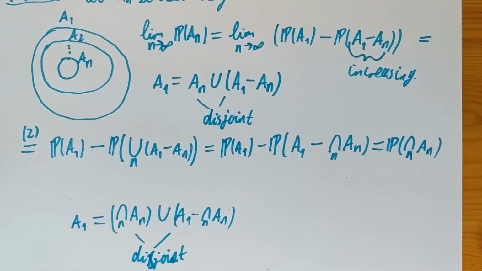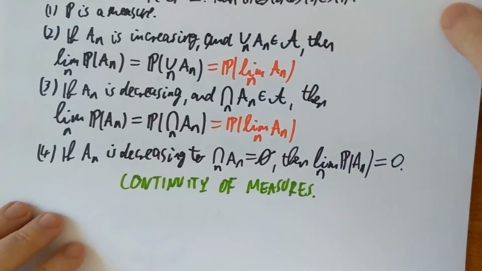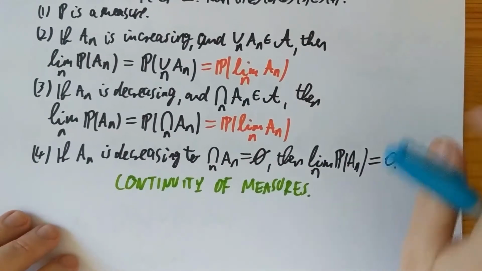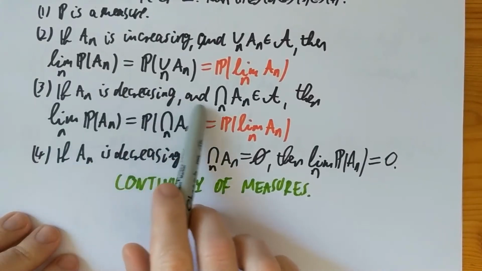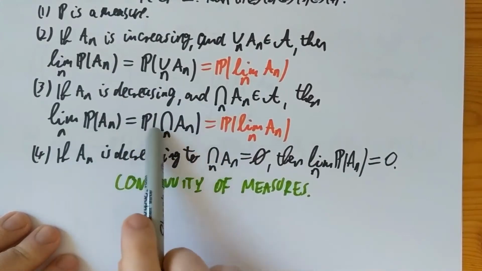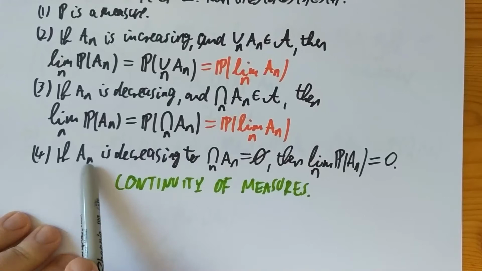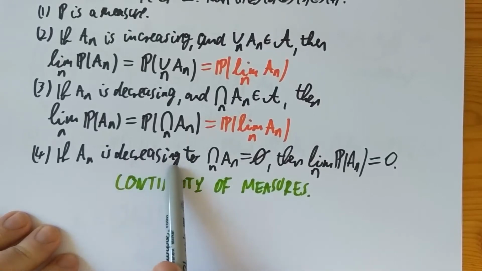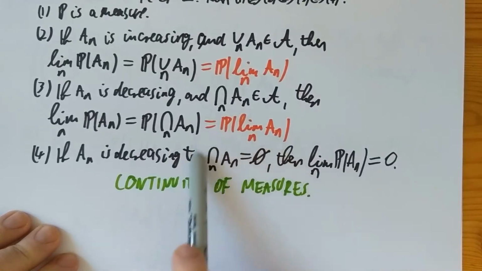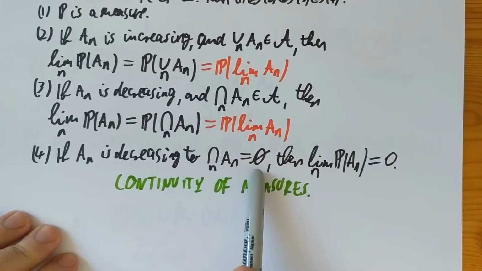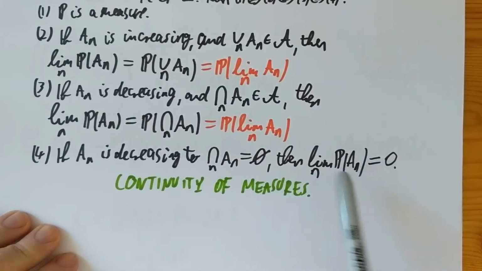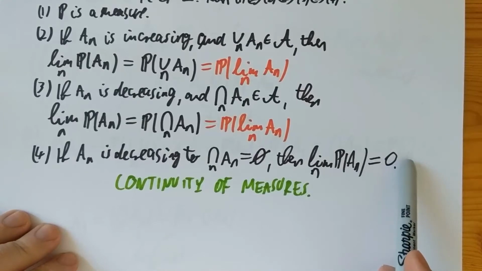Okay. 3 implies 4 is trivial, because 3 says that for any decreasing system, the limit of the probability is the probability of the intersection, and 4 says that for a particular type of decreasing systems, namely with intersection being empty, the limit of the probability is the probability of the intersection, which is the probability of the empty set, which is 0.